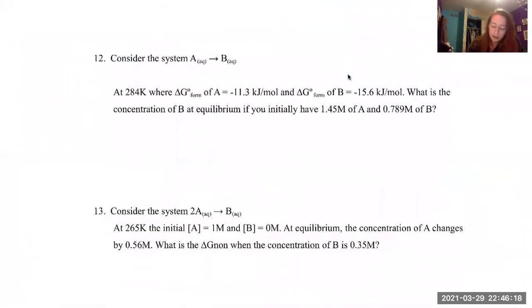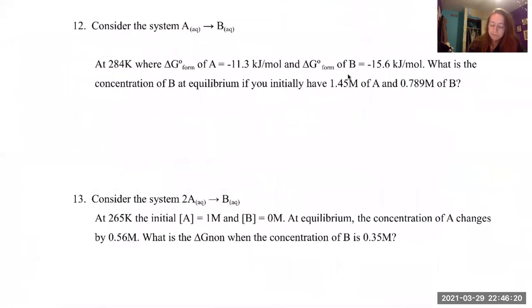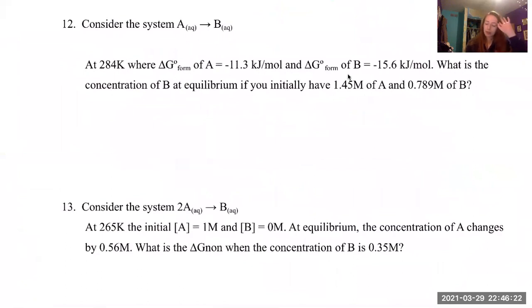Okay, so for number 12, this is a little bit longer of a problem. So for this, the first thing I'm going to do is look at delta G. So I want to find what the total delta G will be of the reaction.